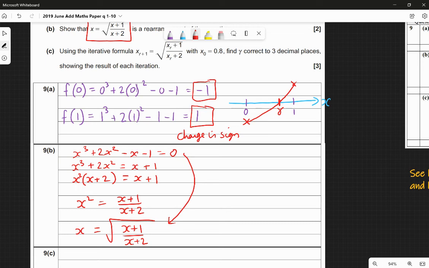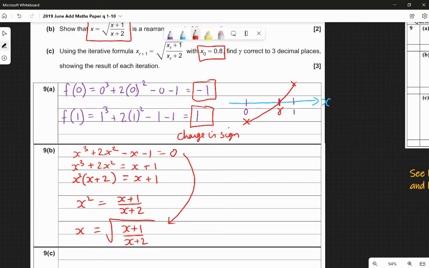Now it says using the iterative formula, and if you want some more input as to what an iterative formula means and where it comes from, then please see my lesson on this. So using the iterative formula, x(r+1) is equal to the square root of (x_r plus 1) over (x_r plus 2), with x0 equals 0.8.